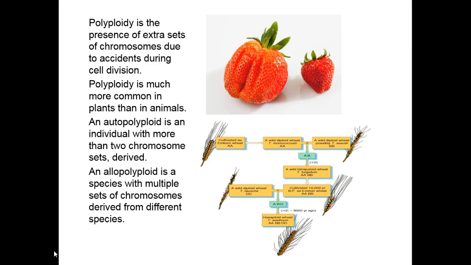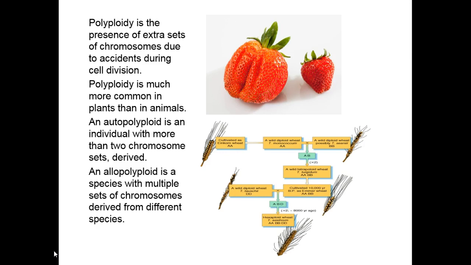And then you have a normal strawberry. It's not only common in plants, it's very much used in most of our food sources, like corn and wheat and barley, where you have multiple chromosomes. This can be an accident. It can also be because of hybridization.